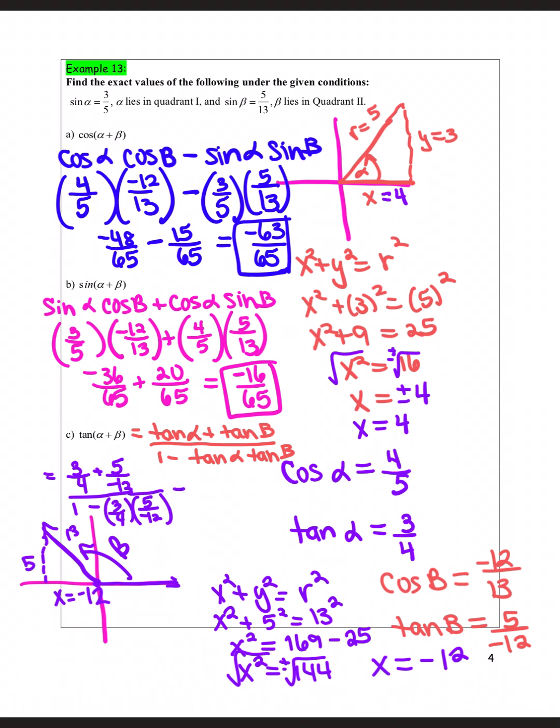Okay, I would use a calculator and I would hit 3/4 plus 5 divided by negative 12, or you can get a common denominator, and I get 1/3 on the numerator, divided by 1 minus, put a parentheses, 3 divided by 4, another parentheses, 5 divided by negative 12, close the parentheses, hit math fraction, and I get 21 over 16.